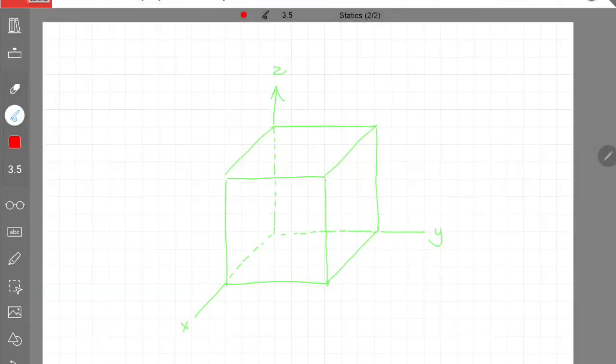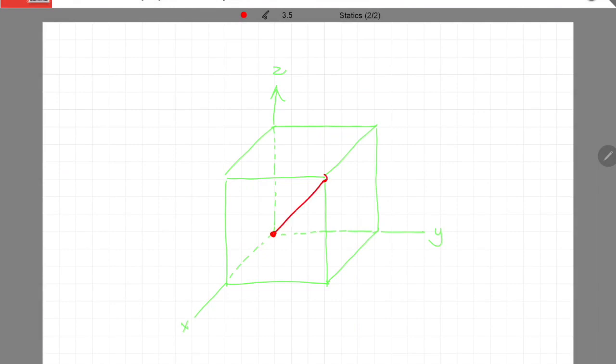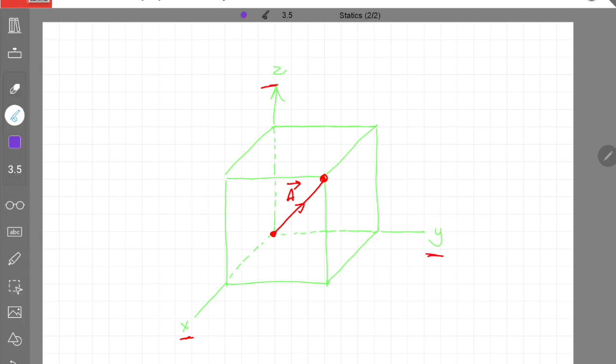The vector A would be from the origin of the 3D axes up to this particular point. Let's call this the A vector. In 3D perspective, the A vector can be resolved into the x direction, y direction, and also the z direction. The A vector along the x direction would look like this, and we are going to call it the AX vector.